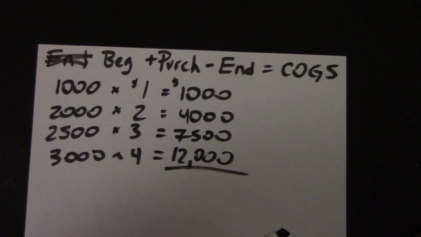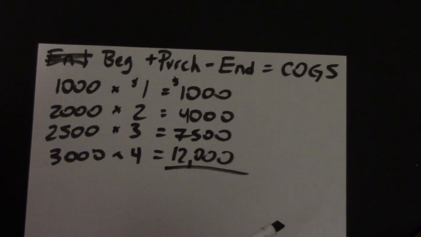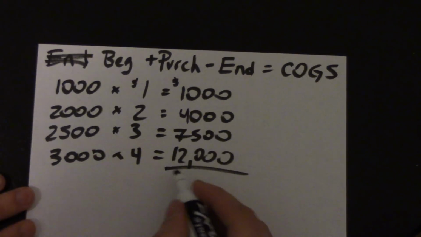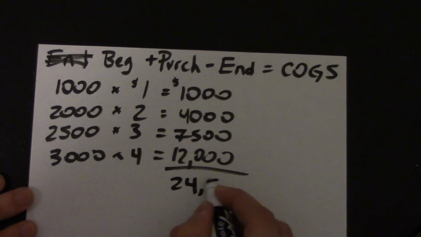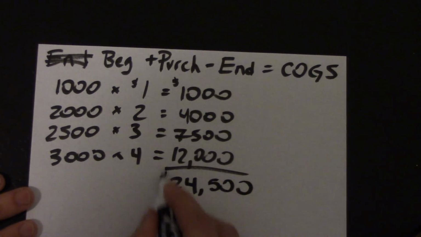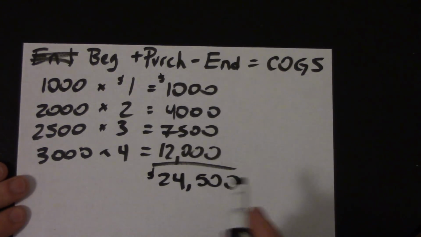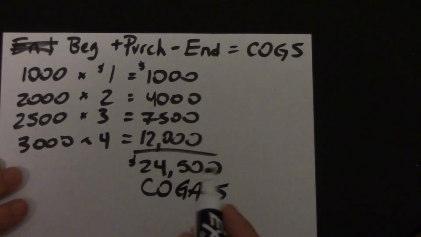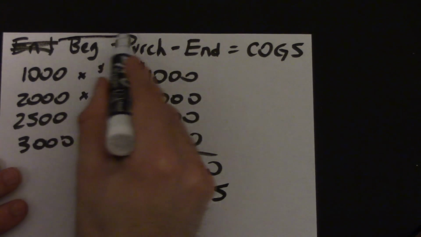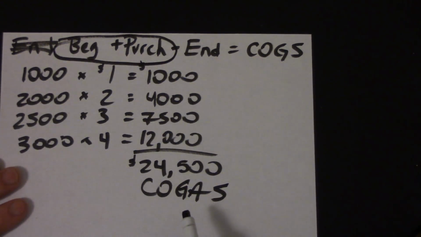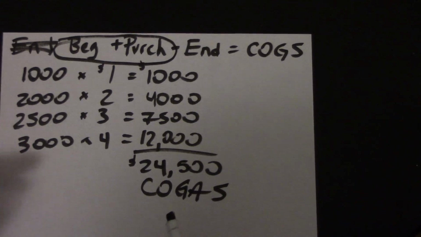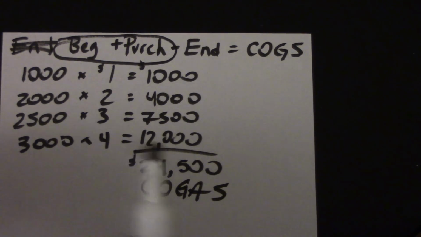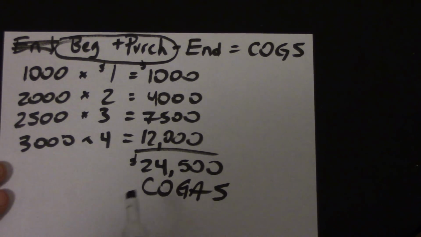If we add that up, we should get 24,500. Now that number represents the cost of goods available for sale. The cost of goods available for sale is the beginning inventory plus purchases. That's pretty much what we just did.